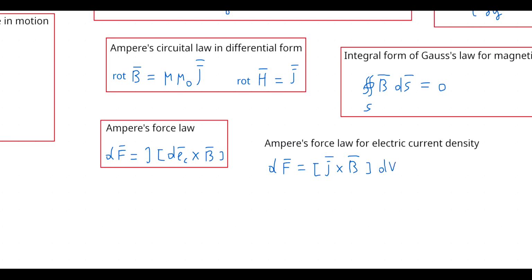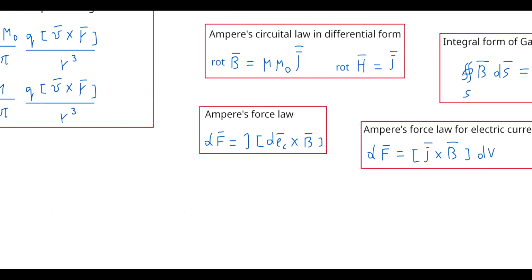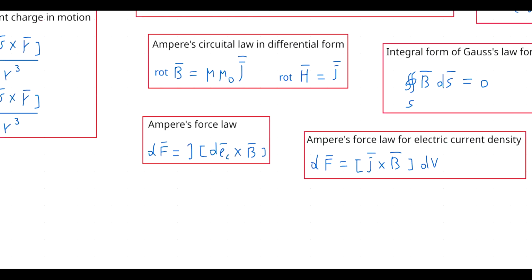It can be proved from Ampere's force law in a similar way as we did before for the Biot-Savart law for electric current density.